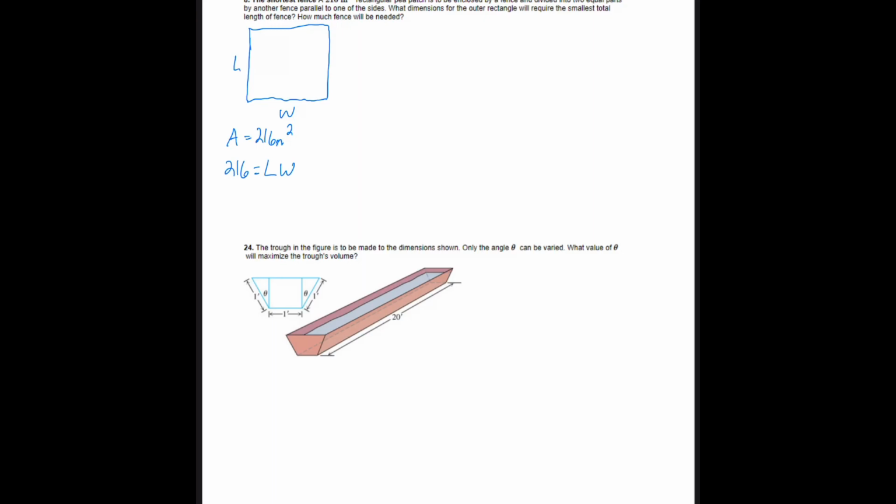Okay, so now what we want to do is divide the patch into two equal pieces with another fence that is parallel to one of the sides. So we're going to draw a line down the middle, and what that does is it breaks W up into W over 2 and W over 2, right? We break that W in half.